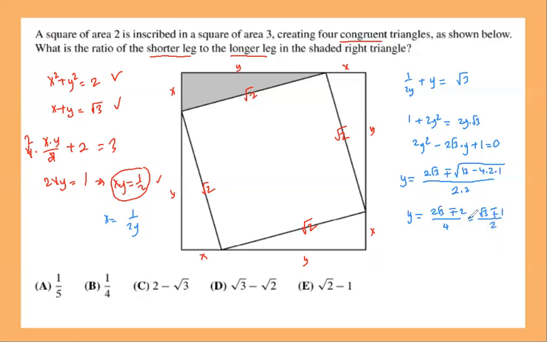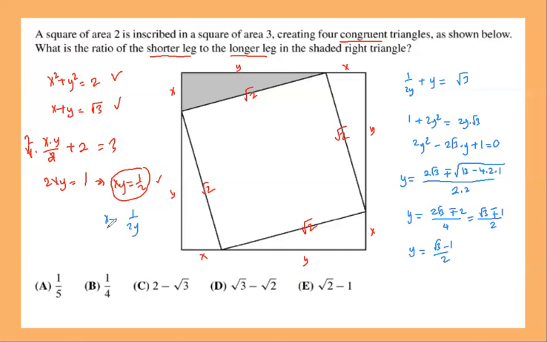Let's take the positive version of y and see what we get, or the negative version. Either one probably works, or one of them doesn't work. So let's go with the negative version of y. If I choose y as square root of 3 minus 1 over 2, I can plug it right here.